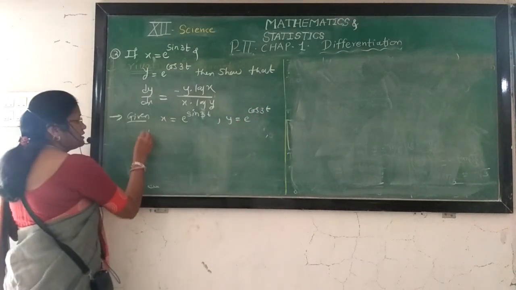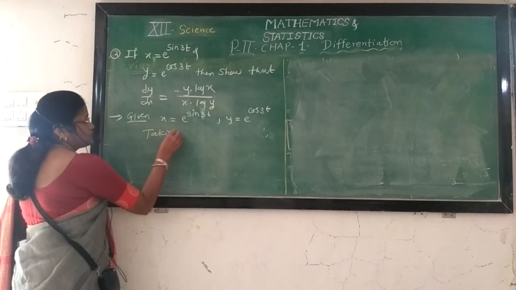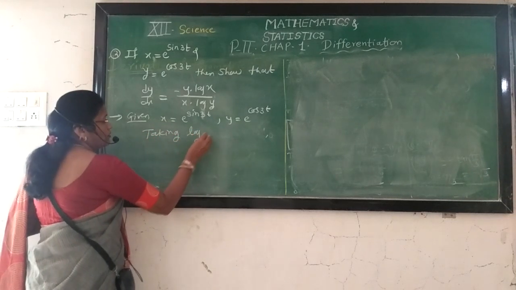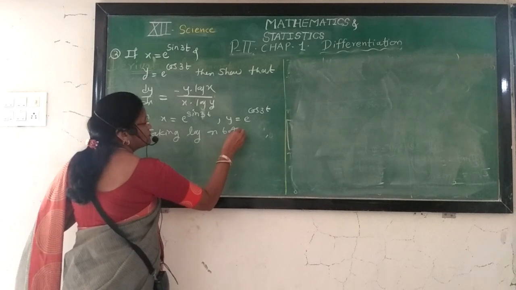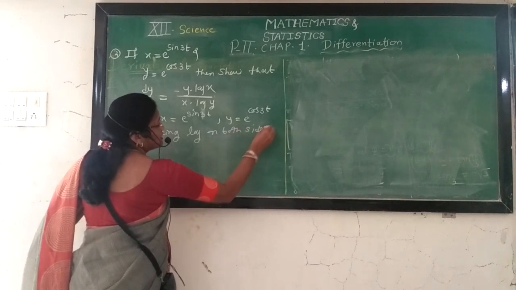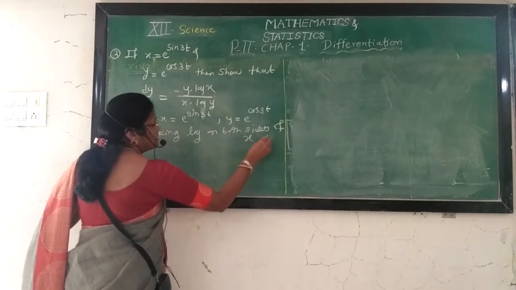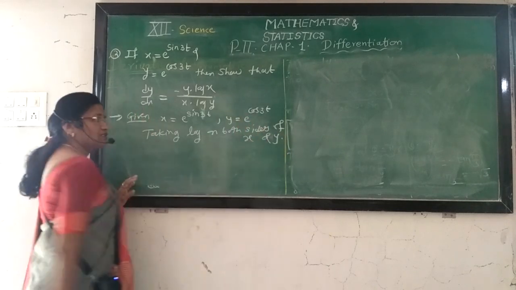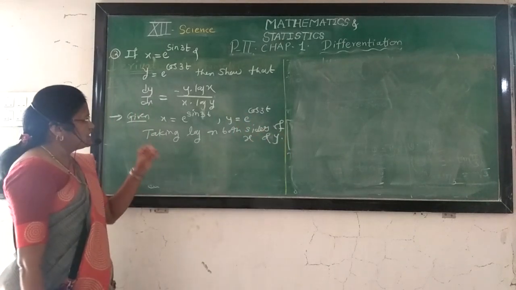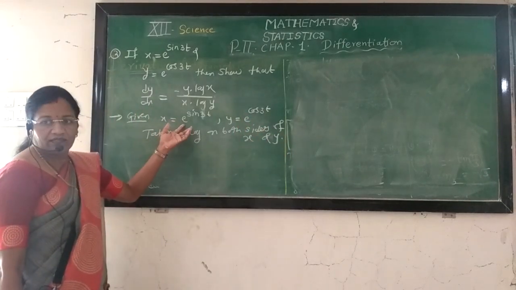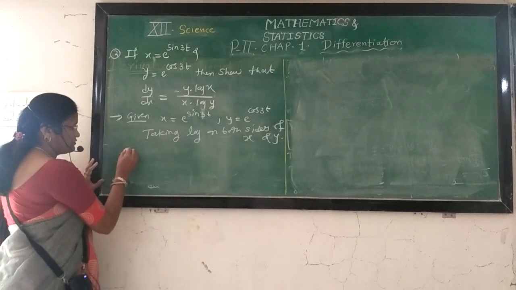For this we take log on both sides. So taking log on both sides of x and y, for both functions we take it. Before this you may find your answer by direct differentiation of the exponential function.